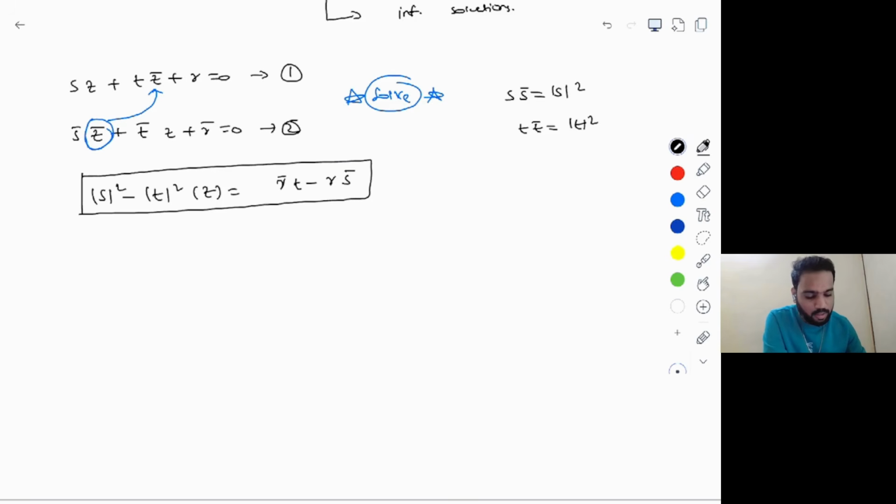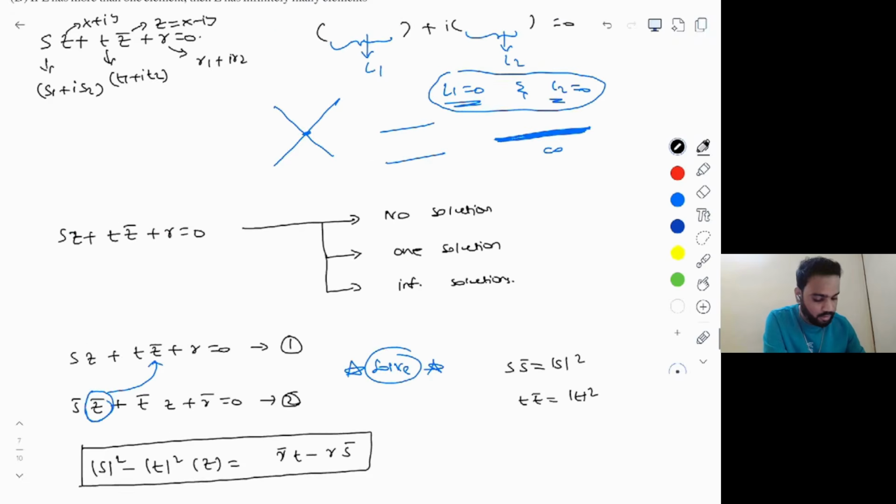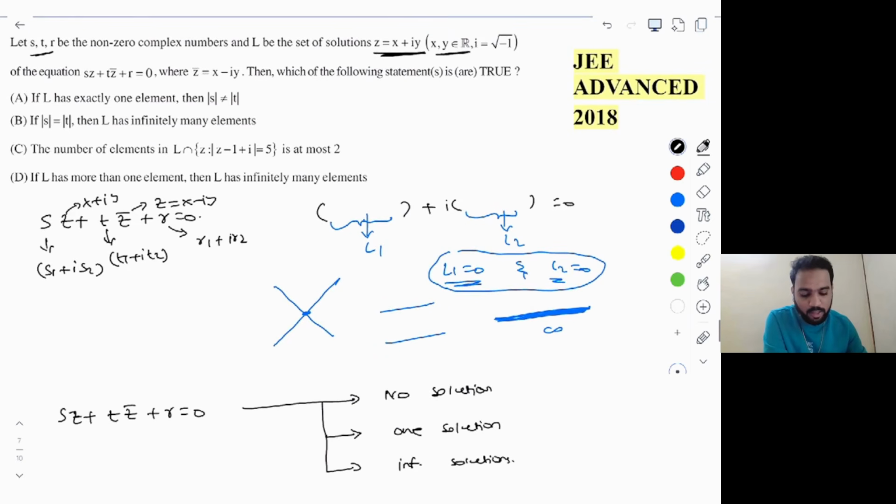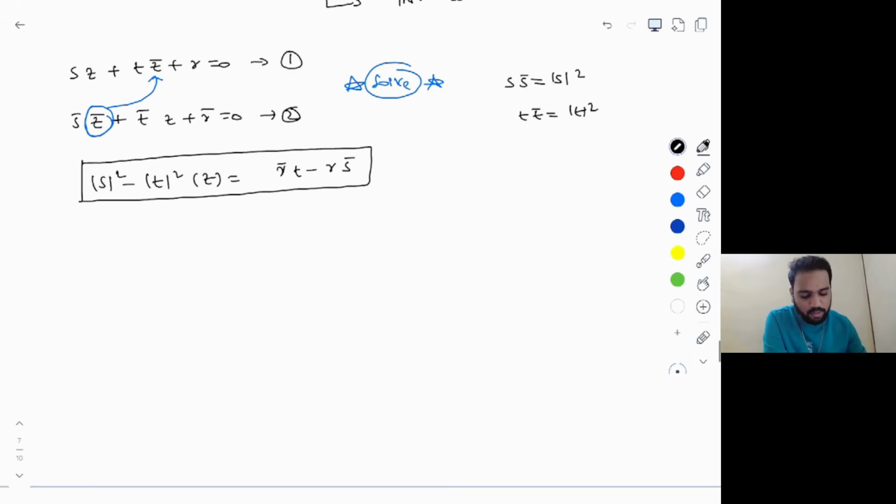Now, let's start the conclusions from the options. Look at option 1. If L has exactly one element, then mod S is not equal to mod T. From this equation also you can directly tell the result.